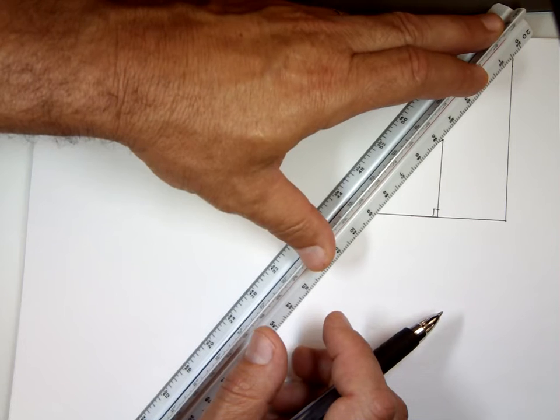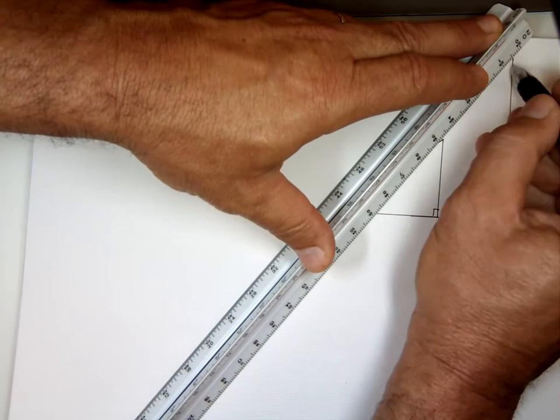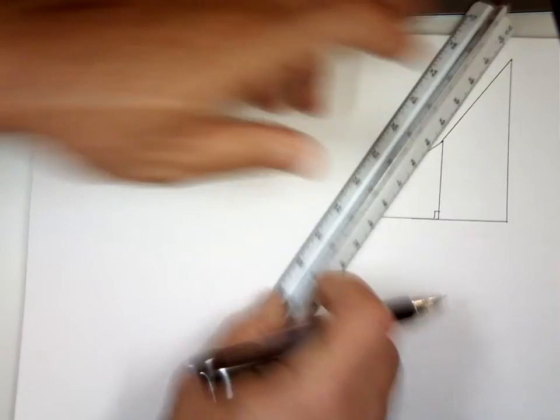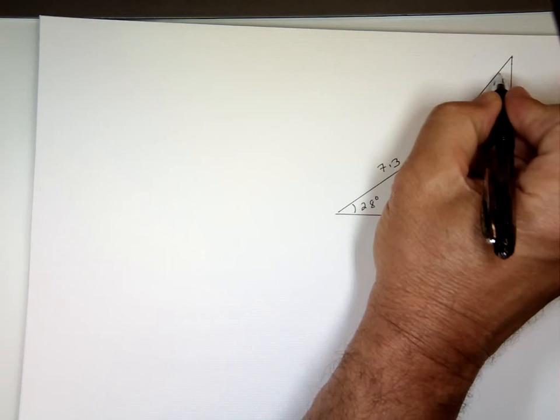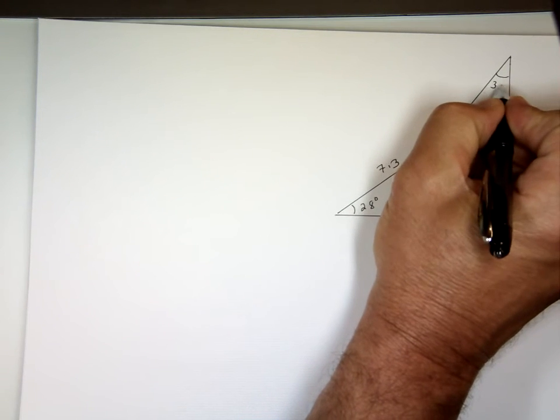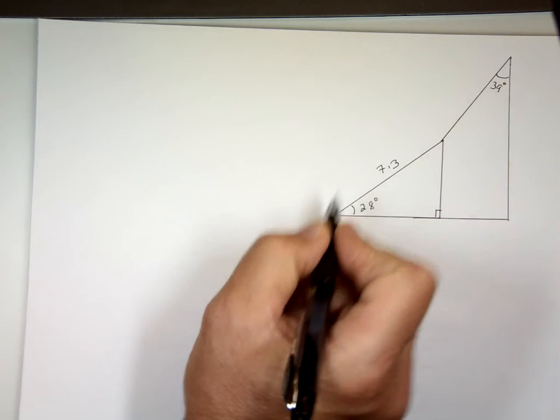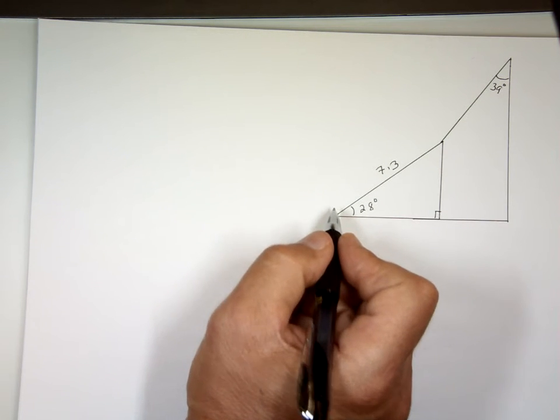So this is not a straight. I made sure intentionally I stretched it there. You can see there's a little angle in it. The angle on the top here is 39 degrees, and this side is 5.3 meters.